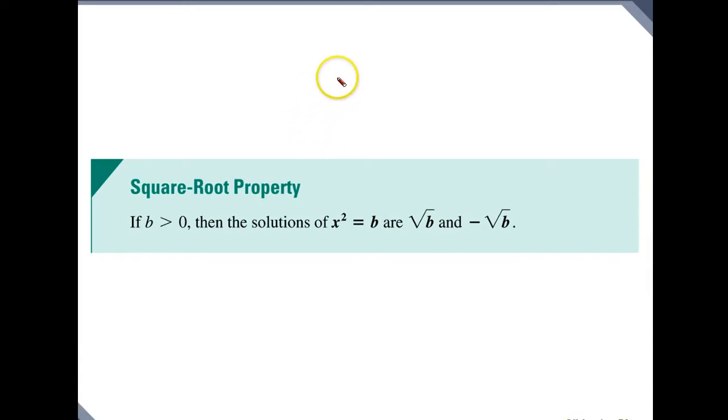If you have x squared equals b, and I want to solve that equation, the square root property says I can take the square root of this side, and the square root of x squared is x, but in order to take the square root of the other side, I have to go plus or minus the square root of b, so that I ensure that I get two possible answers.